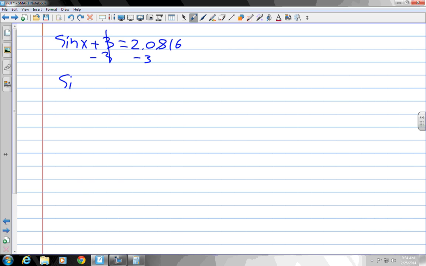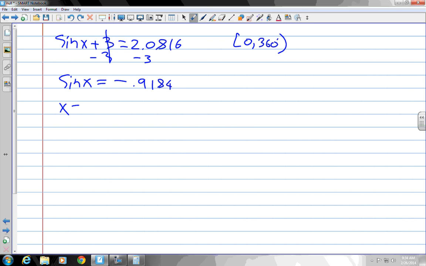So it's sine x equals negative, what is it, 0.9184-ish? Is that right? And let's do it again from 0 to 360. So at this point, I have to use the inverse sine, right? Because I have no idea what this number is. The number is between -1 and 1, so I know there will be a solution.